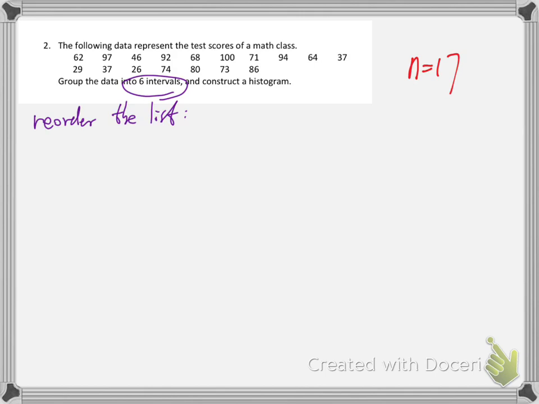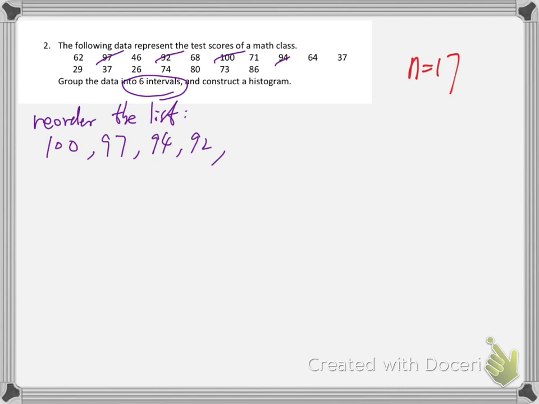Okay, yeah. So the maximum is 100. And then after that, we have 97. And then 94. And then 92.